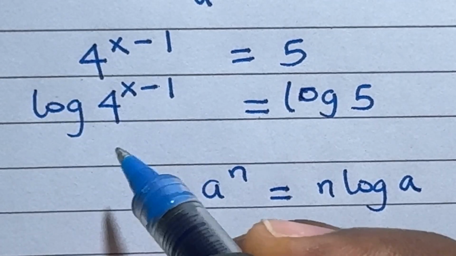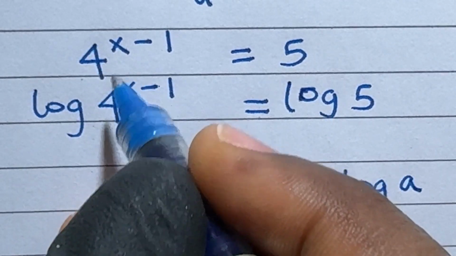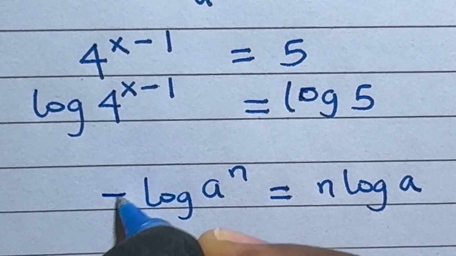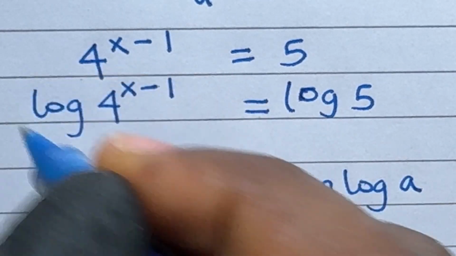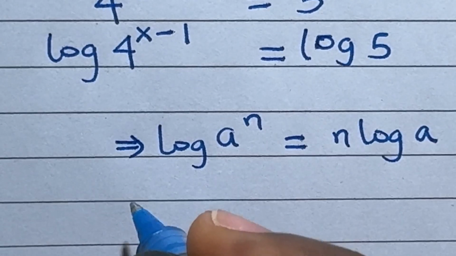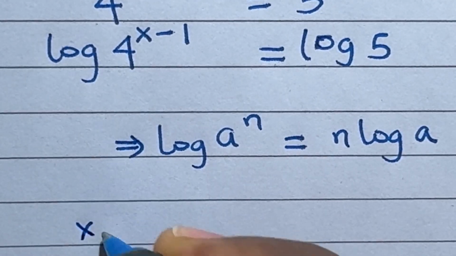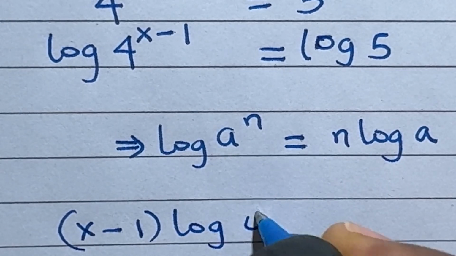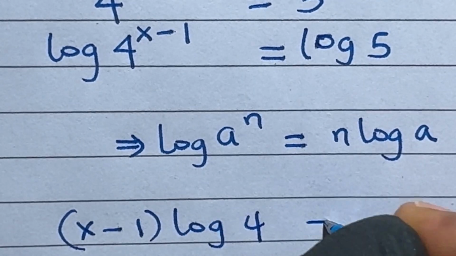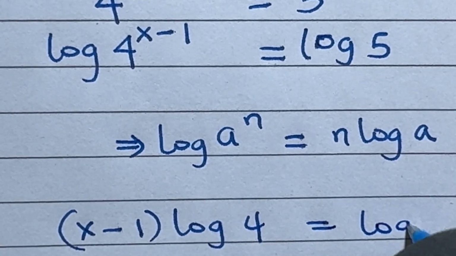In this case, we have base 10 on both sides, but this power, according to this law, can be transferred to the front. The power x minus 1 can be transferred to the front. We now have x minus 1, then log 4 is equal to log 5.